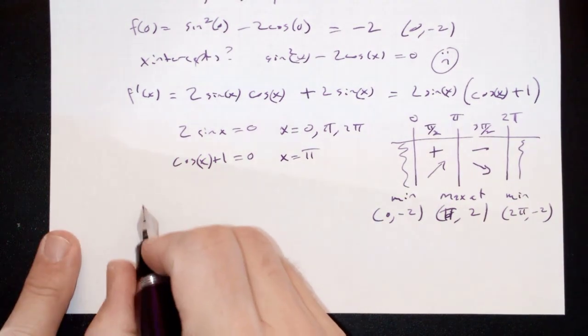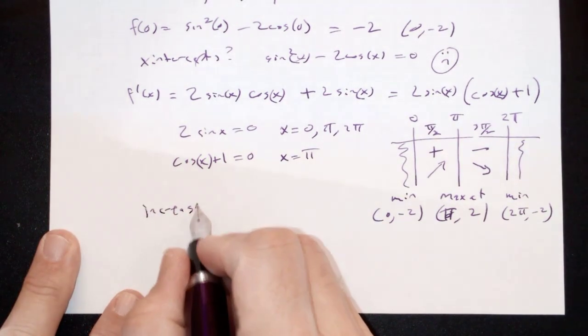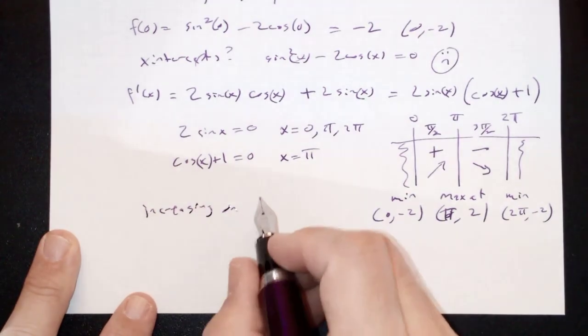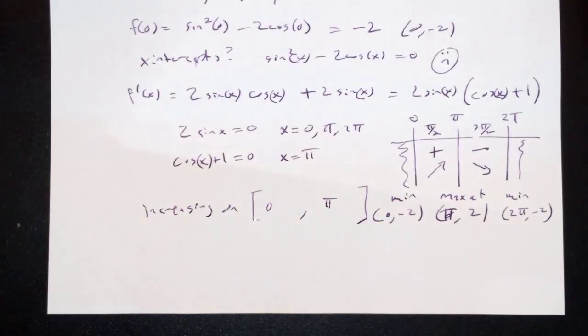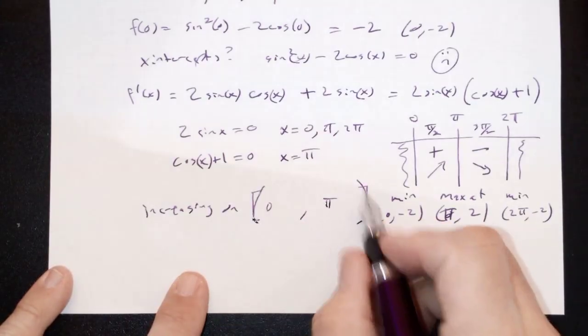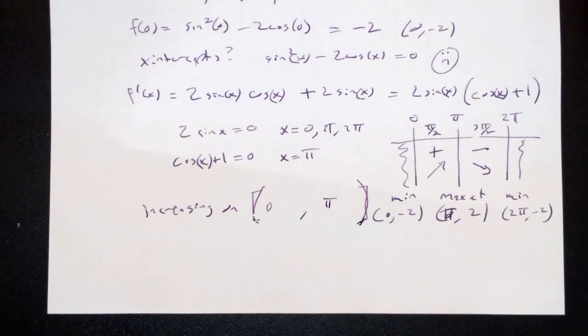I'd say I am increasing on 0 to pi, right? Notice I've left some space in here. I need to add multiples of 2 pi. You did this all throughout the trig class, people.